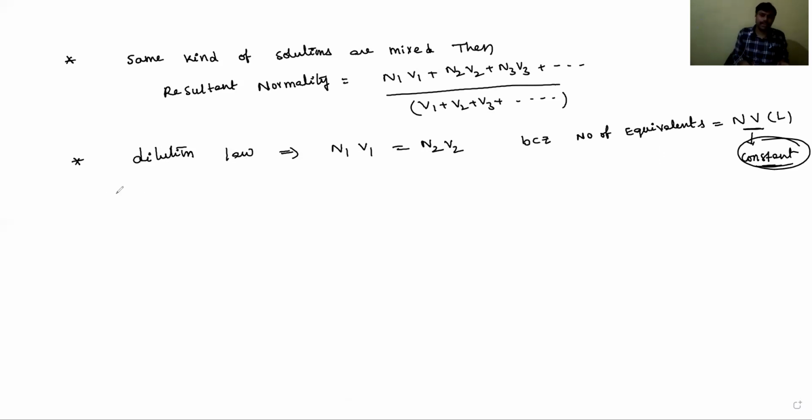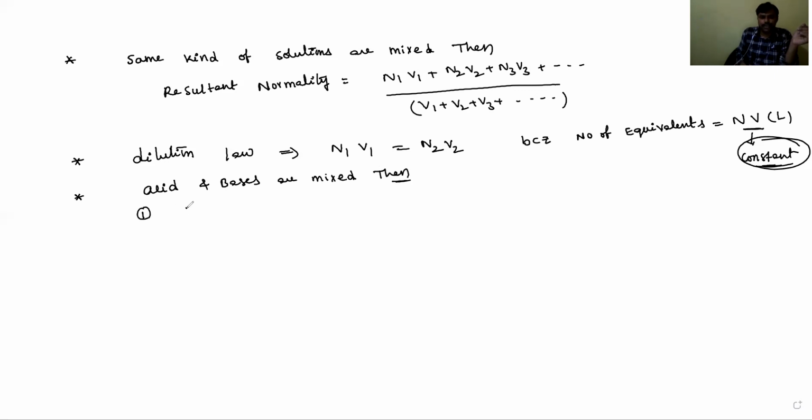Okay, and if different kinds of solutions are mixed, meaning acid and base are mixed, then the resultant normality depends on the condition.